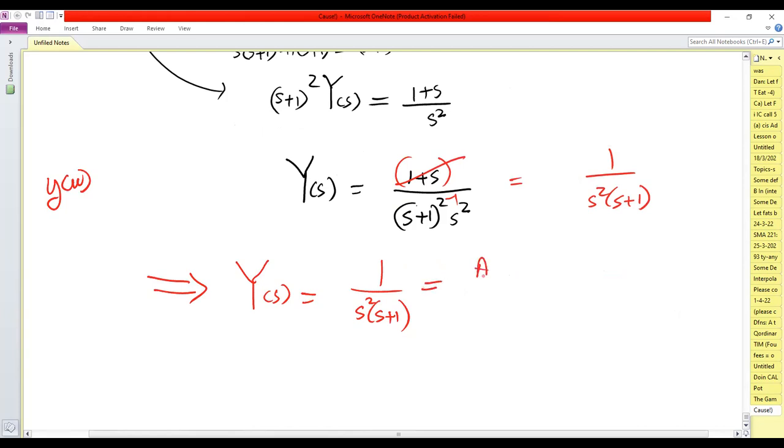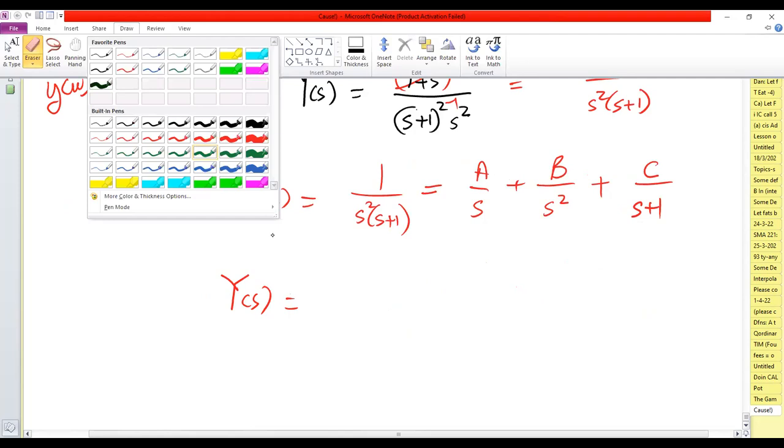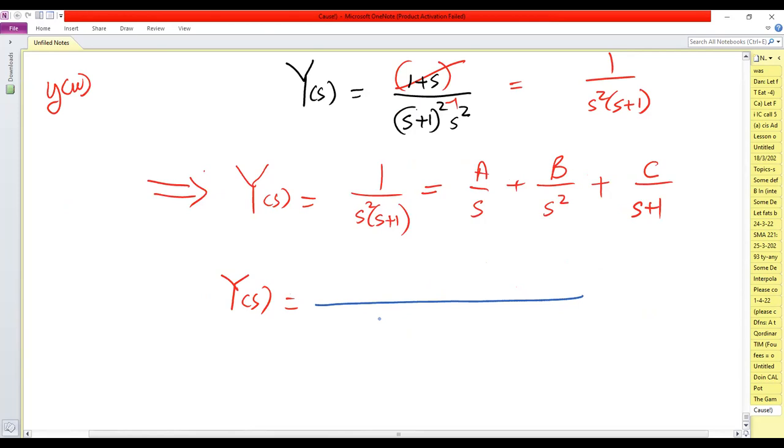So this is the same as A over s, B over s squared, and then plus C over s plus 1, which will be given by y of s equals to A into, so when you put everything over the same LCM, we get s squared into s plus 1.